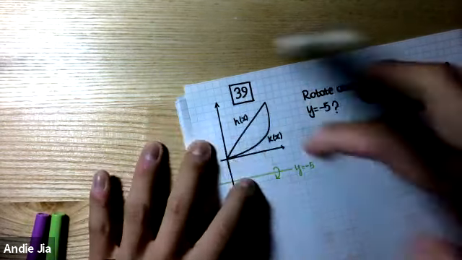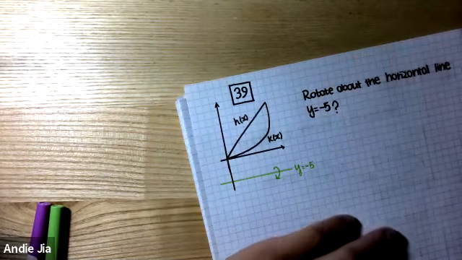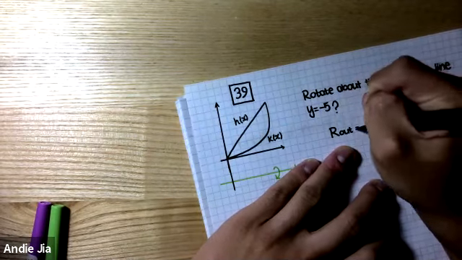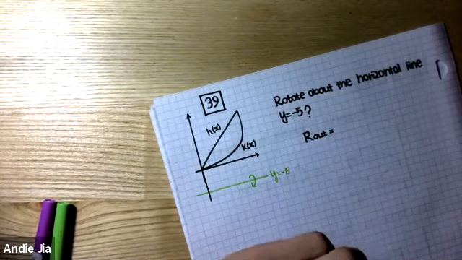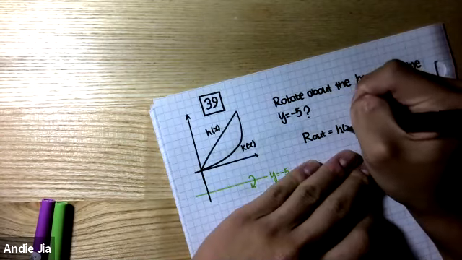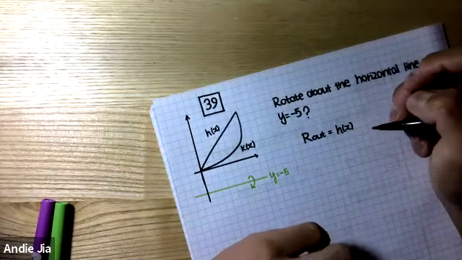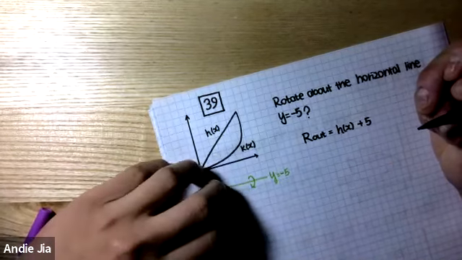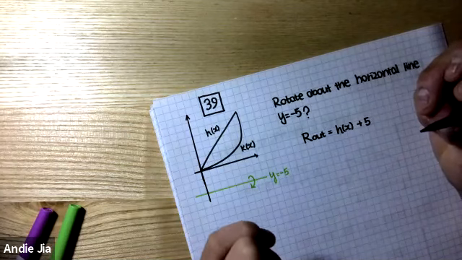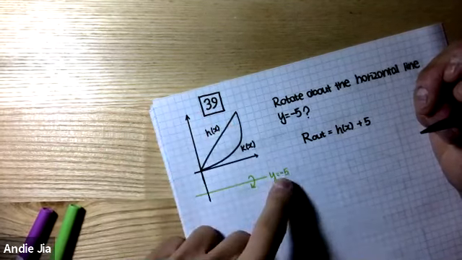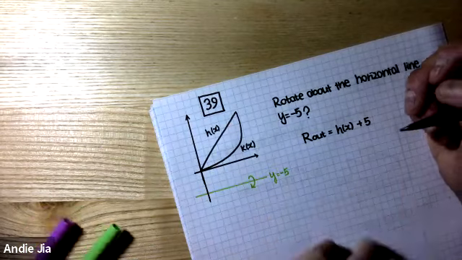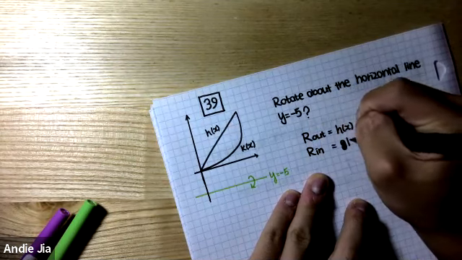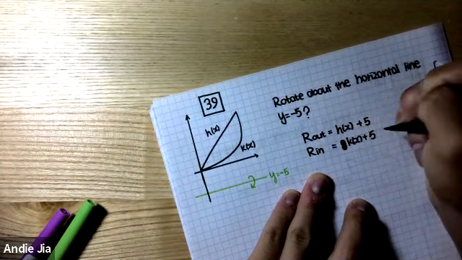The outer radius is h of x plus 5, because it's 5 more. Typically r out is the top function minus the axis, but now the axis is negative, so it becomes positive. The inner radius is k of x plus 5.